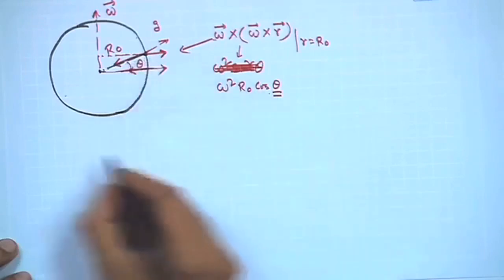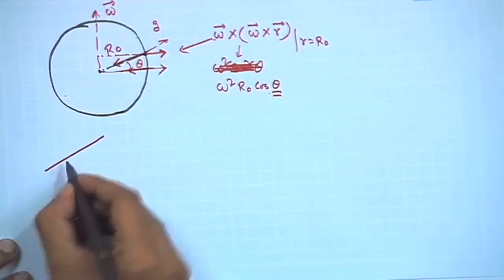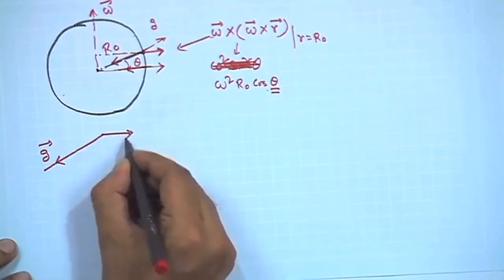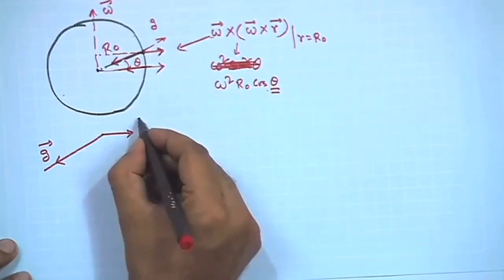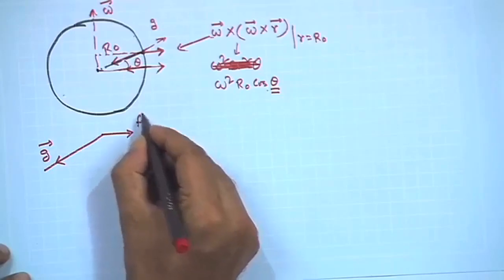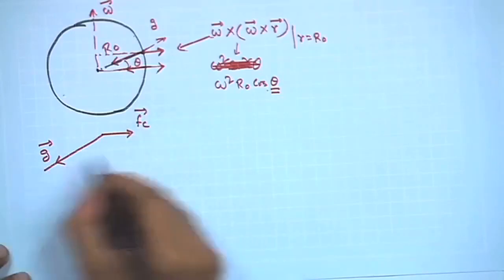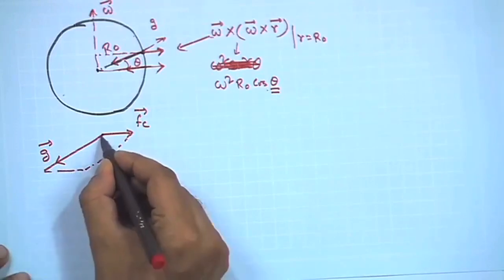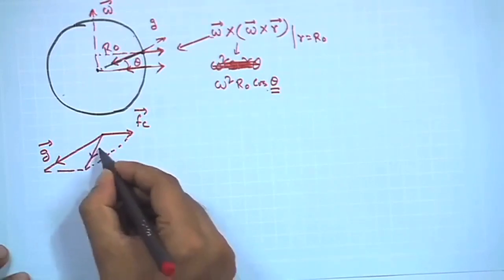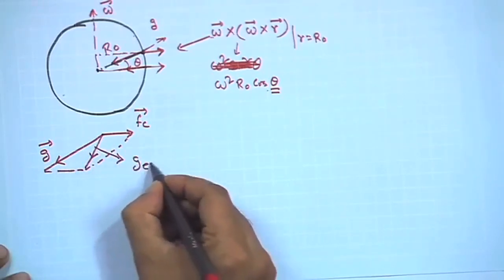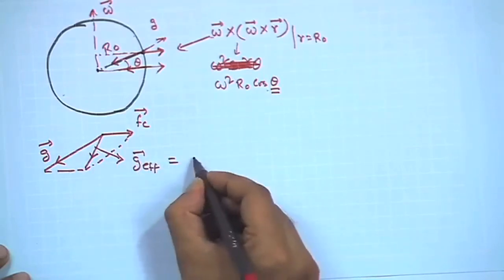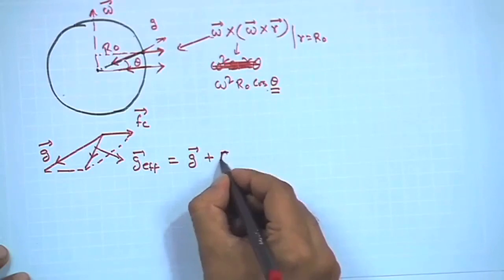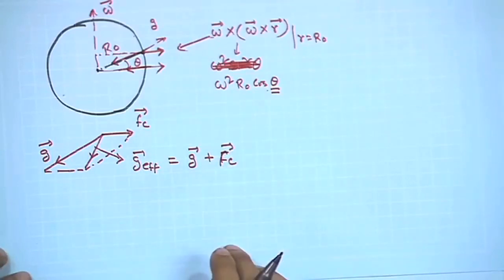So, the effective g at any point, if this is my direction of g vector, this is my direction of this particular centrifugal acceleration, which we will call f c. So, my effective g is a vector sum of these two, right. So, this is my g effective, which is a vector sum of g plus f c, right.